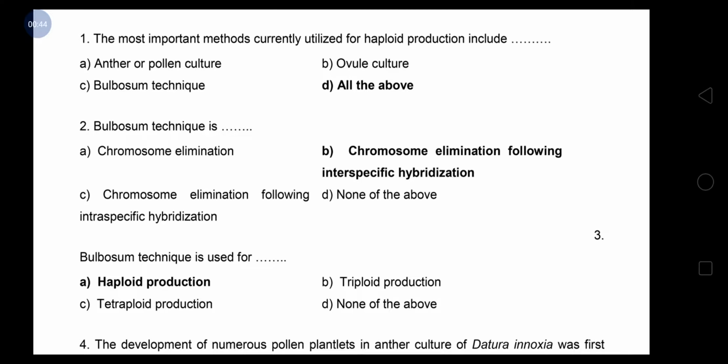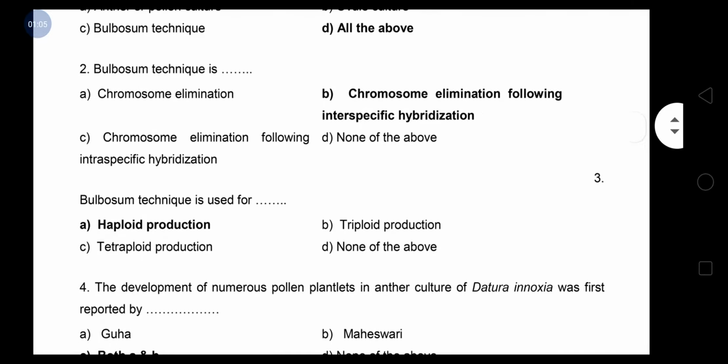Here the answer is chromosome elimination following interspecific hybridization, because in the bulbosum technique the cultivated barley chromosome complement remains and the bulbosum portion of chromosomes is eliminated, and hybridization is also involved here between cultivated barley and Hordeum bulbosum, that is Hordeum vulgare into bulbosum. The bulbosum technique is used for haploid production.